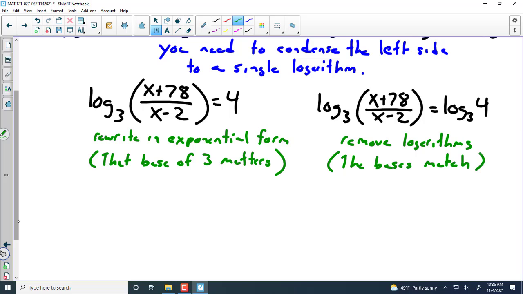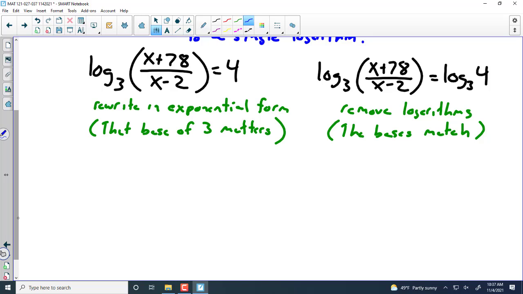It doesn't matter that there was a base 3 on that other one, because we're just going to remove the logarithms. So this one, they could have been both base 10 or base e or base 50, and it would not have made a difference, because we're just going to get rid of them. This one, however, since we're going to rewrite in exponential form, it does matter that that's a 3, specifically. Because when we rewrite this one in exponential form, we have to write the base of 3, and what's the power going to be?